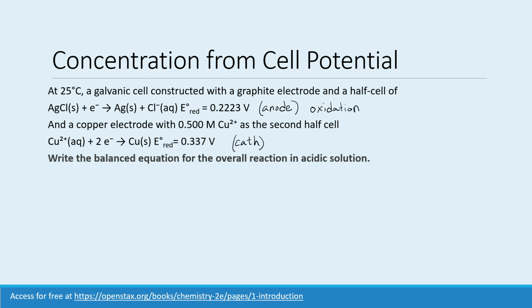Because that's where oxidation is occurring. And so if we want it to be written as an oxidation reaction, then we're going to have to flip it where we've got silver solid plus your chloride ions yields your silver chloride solid plus an electron.